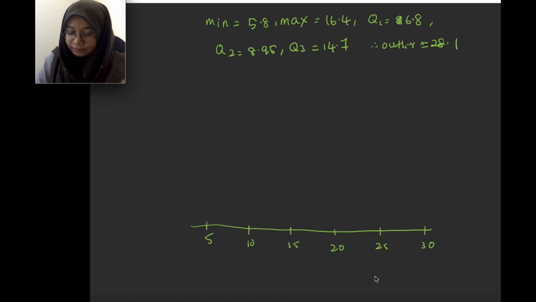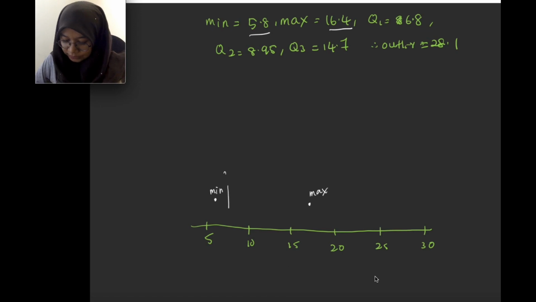Minimum is 5.8, so it's around here. This one is the minimum. Maximum is 16.4, also around here. And Q1 is 6.8, so I think Q1 is here. Q2 is 8.95, so around here. Q3 is 14.7, so around here.